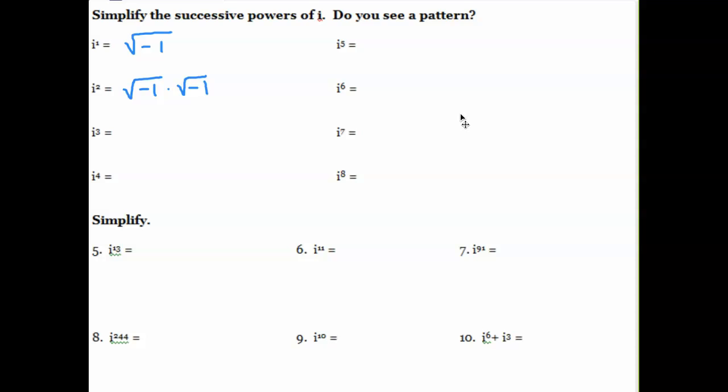If you multiply the same square roots together, you get what was under the radical. So the square root of negative 1 times the square root of negative 1 is equivalent to negative 1. Which also means that if we have i squared in a problem, it is equal to negative 1. So you're never going to give an answer with an i squared.